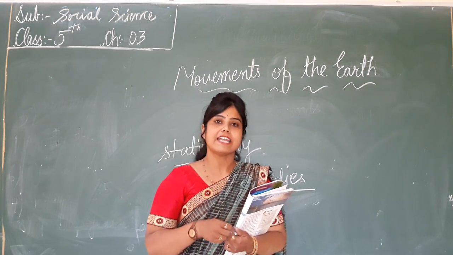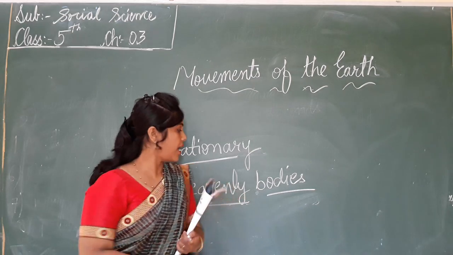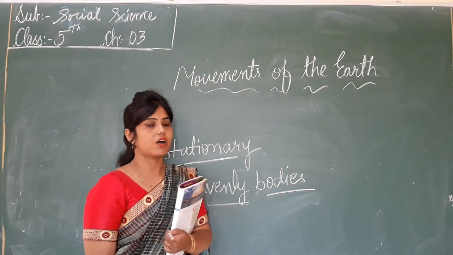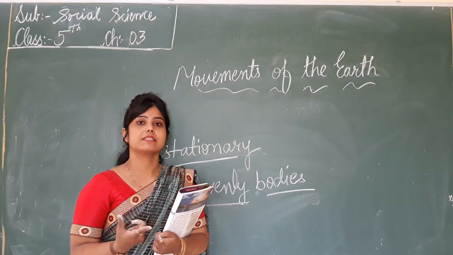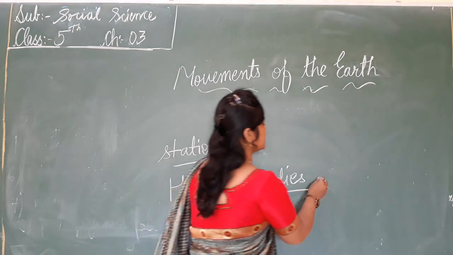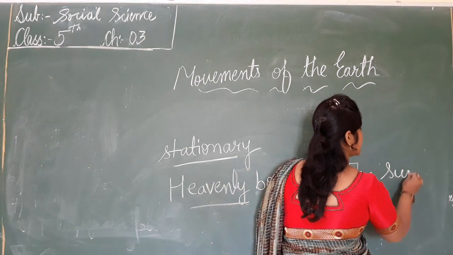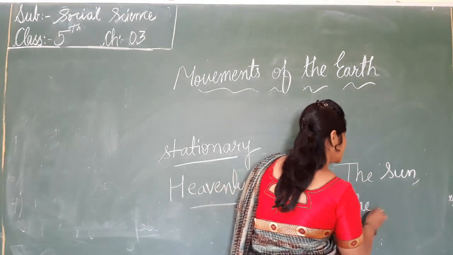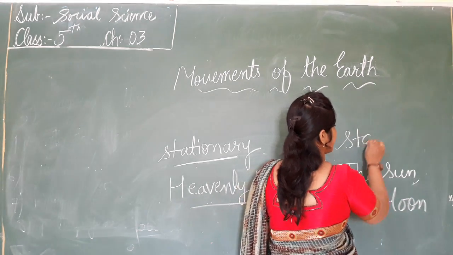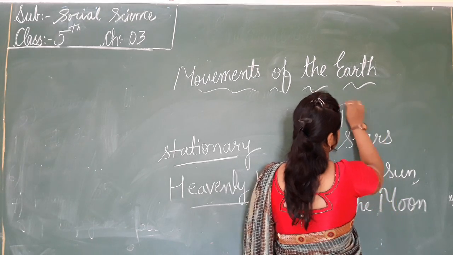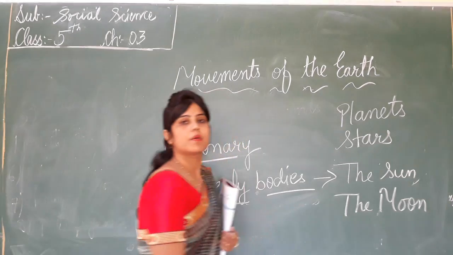The objects that you see in the sky are called heavenly bodies or celestial bodies. All these are heavenly bodies.